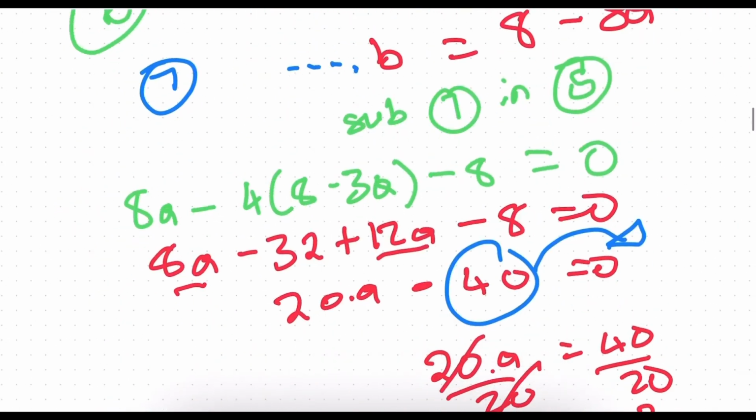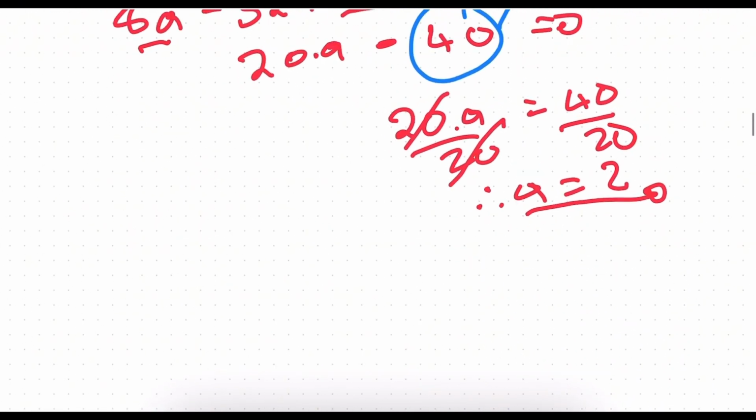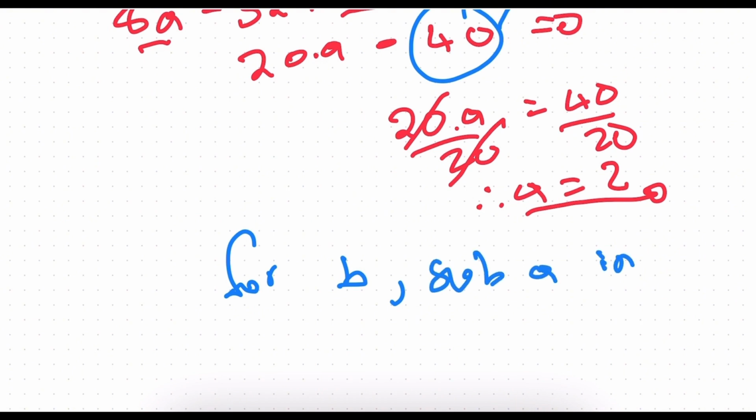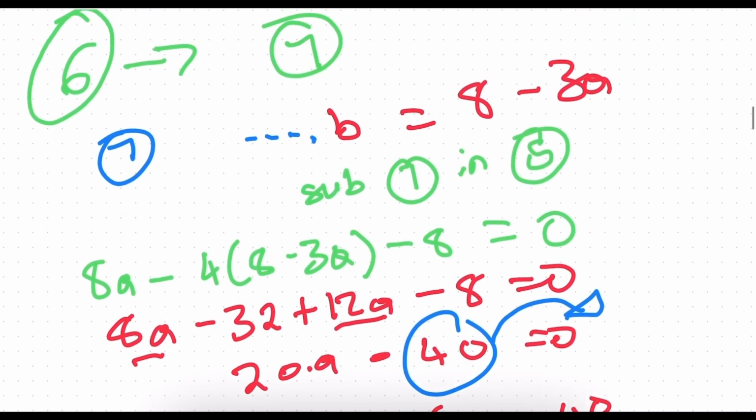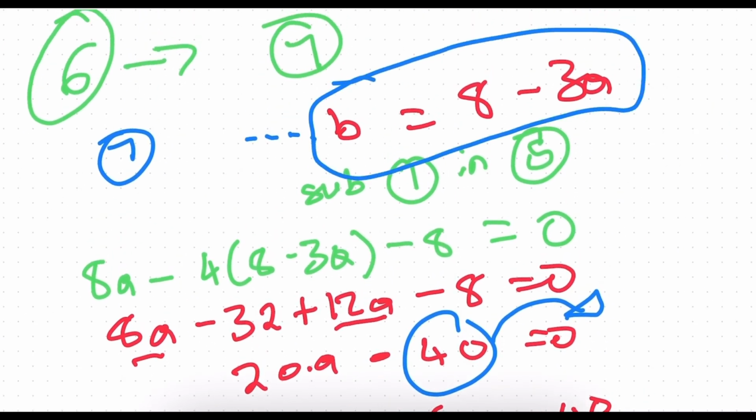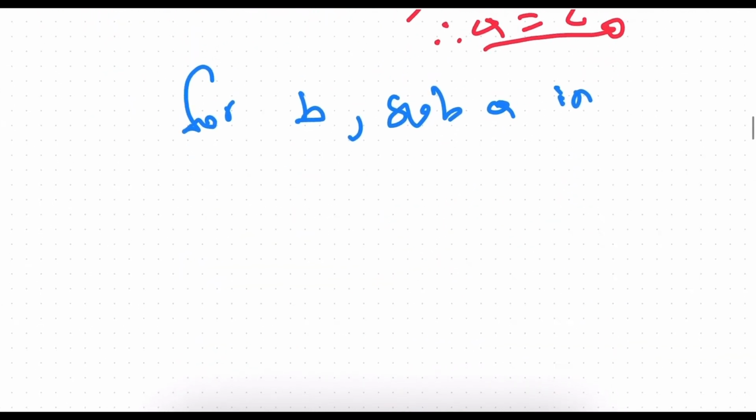Okay. Now let's do b. For b, we want to determine b, right? Substitute a. In which equation? I think it's equation 7, but let's confirm that b is the subject of the formula. You see here, b is the subject of the formula. So we substitute a in equation 7.